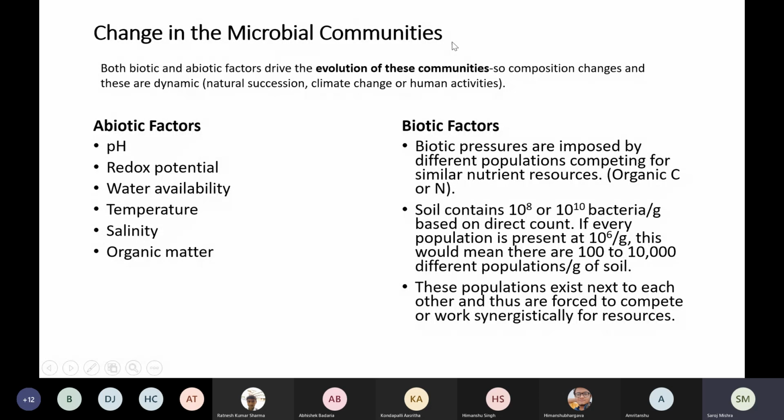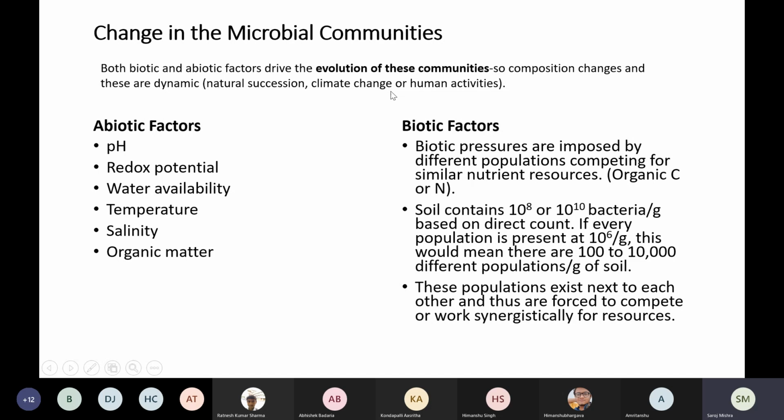So we saw that the changes in the microbial communities are occurring, as you saw, in a very, very dynamic system. These are both biotic, which are the living, as well as abiotic factors. They drive the evolution of these communities, so their composition is going to change, and these are very dynamic. There is a natural succession. There could be climate change, or changes because of human activities.